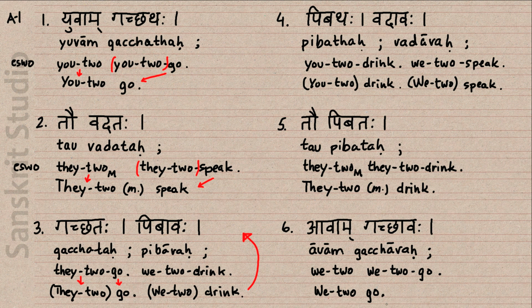Pibataha vadavaha, you two drink, we two speak. Tau pibataha, they two drink, yes. Avam gachavaha, we two go, yes. That looks good. Alright, so now we're done with A1. Well, let's take the second page here.